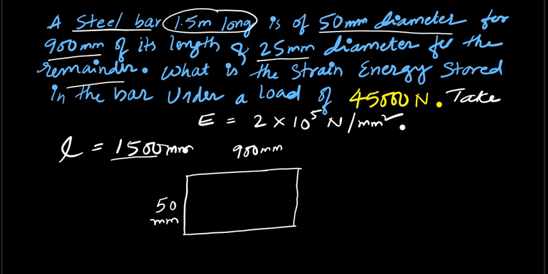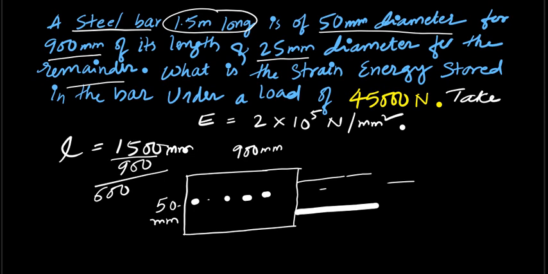For the remaining, it means 1500 minus 900, so you are getting 600 millimeter as the remaining length. From here the diameter is 25, half of this. If you take this as the axis, the other diameter is 25 millimeter, and the length will be 600 millimeter.